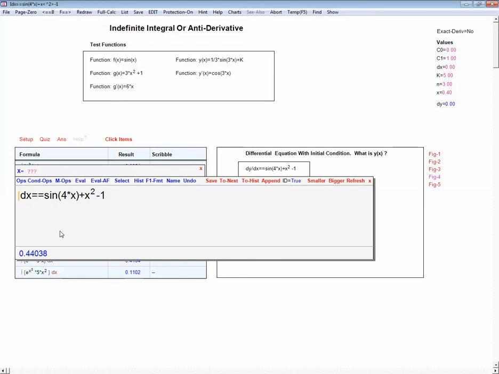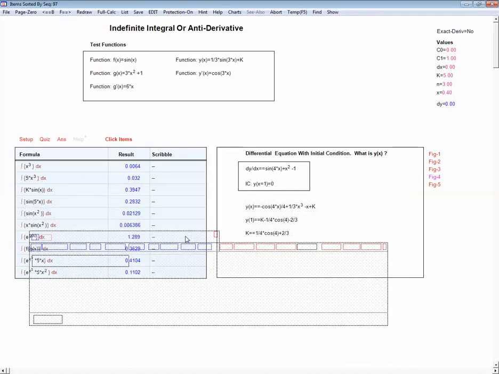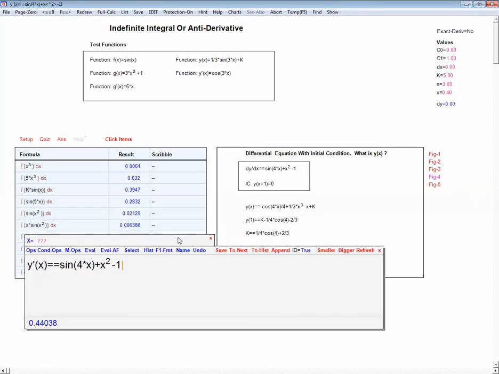and that's y prime of x. And why isn't it giving me a 1 here? Because I haven't changed my test functions yet. I will as I develop the problem here. But first thing we want to do is just integrate that, and it's going to be an indefinite integral. There's going to be a constant in it that is as yet undetermined.